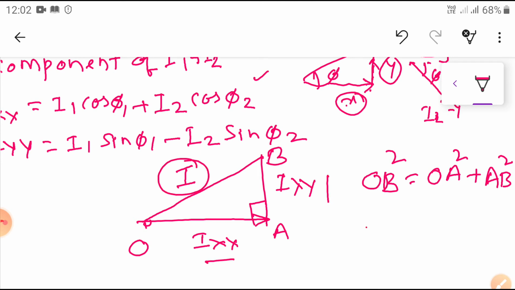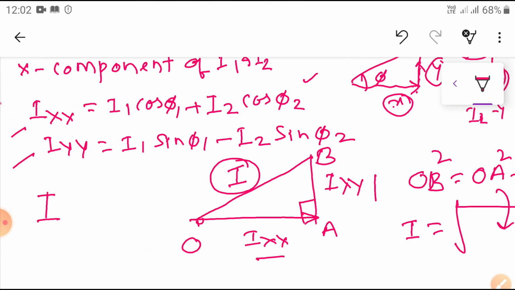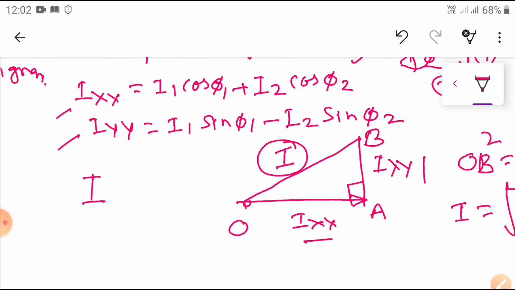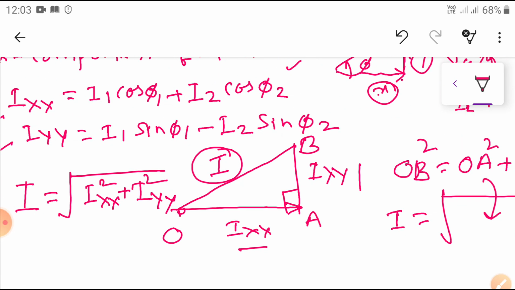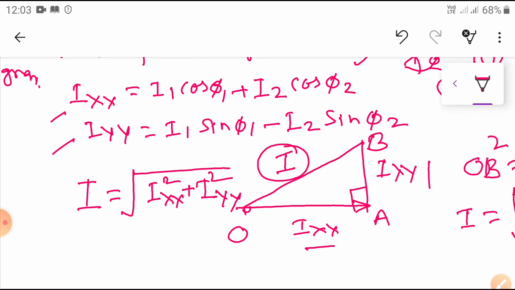I know this value and this value, and I want this value. So I is equal to the under root of the total value. So I is equal to root of Ixx square plus Iyy square, the magnitude I require. Simply substitute these values in this equation.